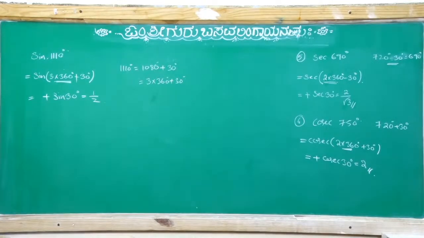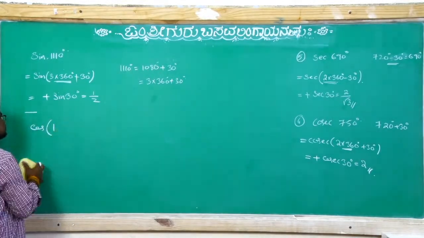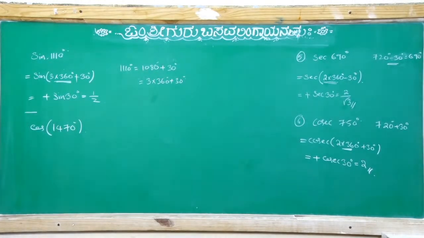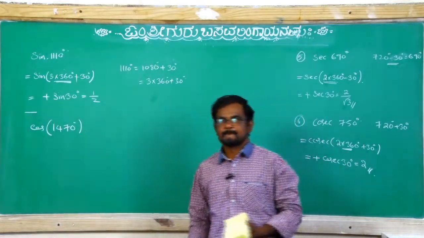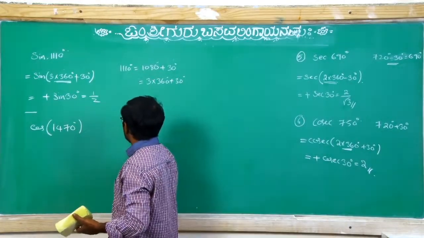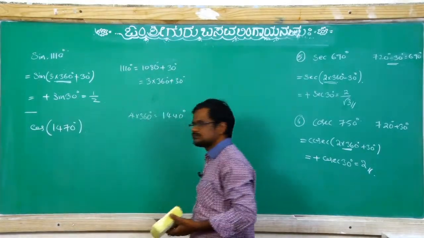Okay. Next, cos of 1470. Cos of 1470. What we have to do? 4 into 360, 1440, right?